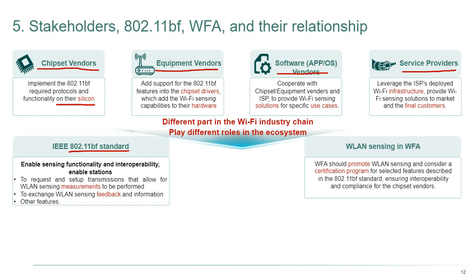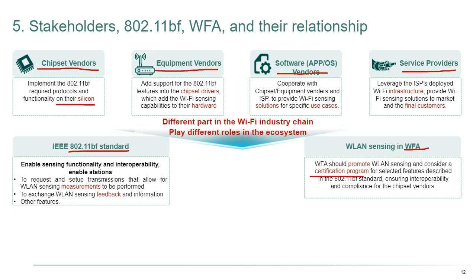And for the Wi-Fi Alliance, we request the Wi-Fi Alliance to further promote our WLAN sensing technology and to consider a certification program. That is very important to certify the devices and chipsets for selected features in our standard, to ensure interoperability and compliance for the chipset vendors.